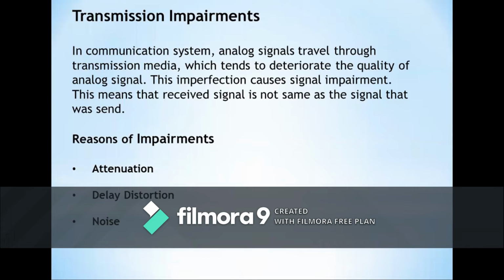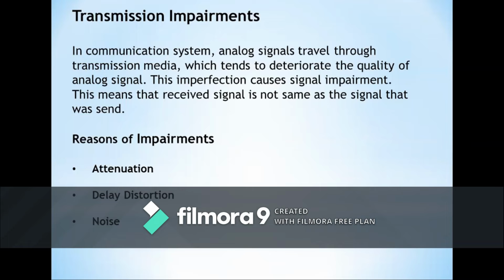We cannot eliminate thermal noise completely, so it puts a limit on the performance of the communication system. The thermal noise power is given by N equals kTB watts, where k is Boltzmann's constant, T is absolute temperature, and B is bandwidth.